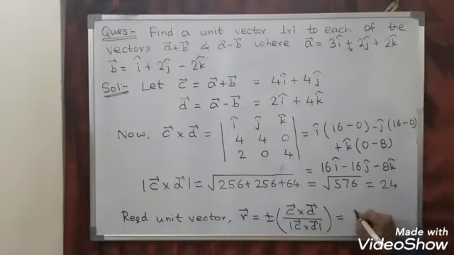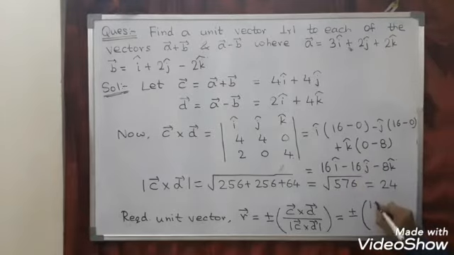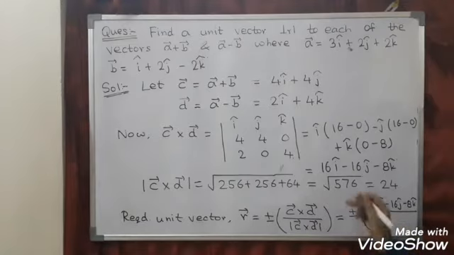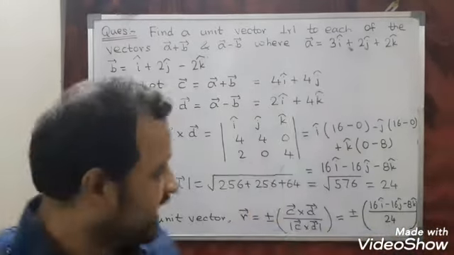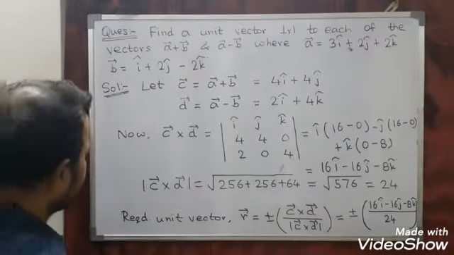So what you will get here is plus minus 16i minus 16j minus 8k cap divided by the magnitude of C cross D, which is nothing but 24. I think some more simplification we can do here.